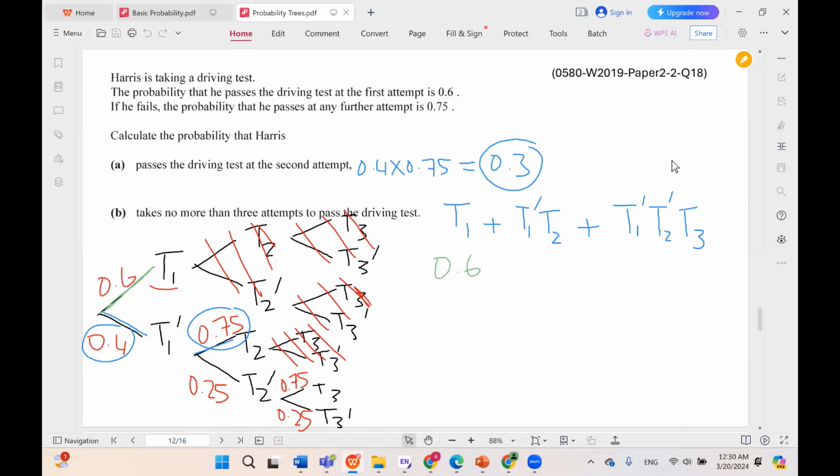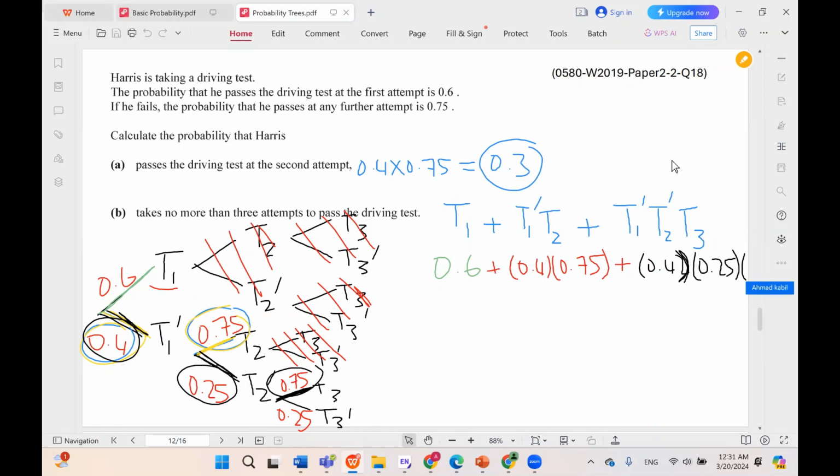So 0.4 and 0.75 together. So this would be 0.4 times 0.75. And then for the third attempt, he would have to fail both the first and the second. So 0.4, 0.25, and then he would pass the third attempt. So 0.75. So now we have 0.4 times 0.25 times 0.75. And we add these up.